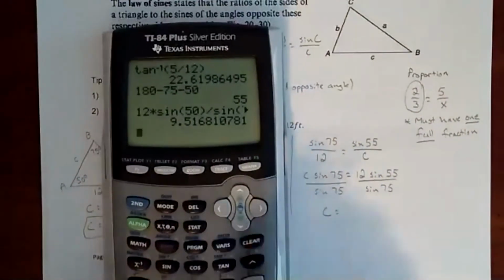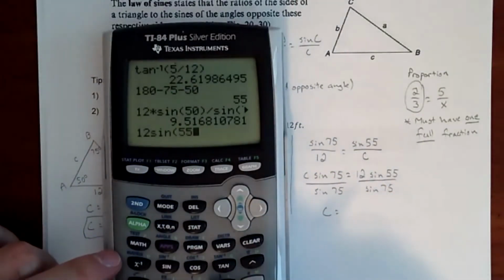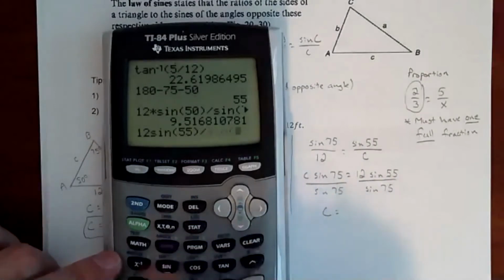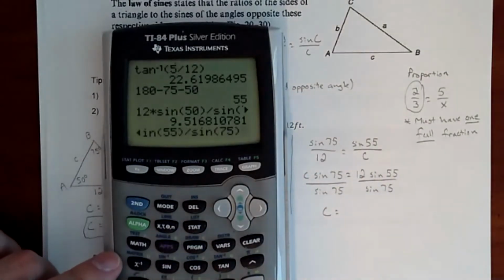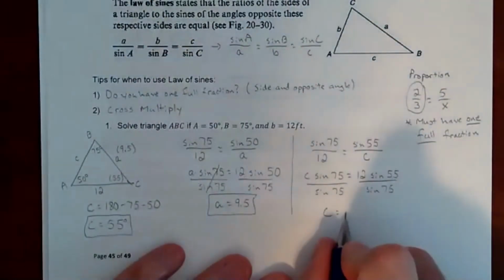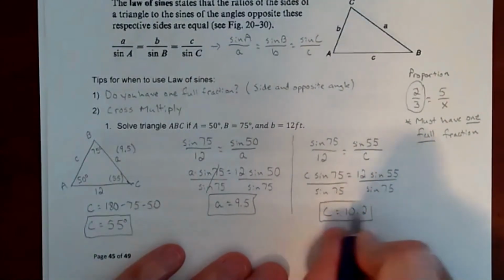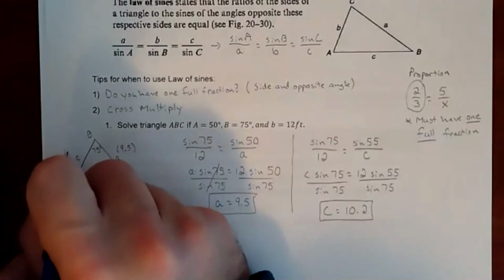Calculator on that. So 12 sine 55 divided by sine 75. 10.2. Okay.